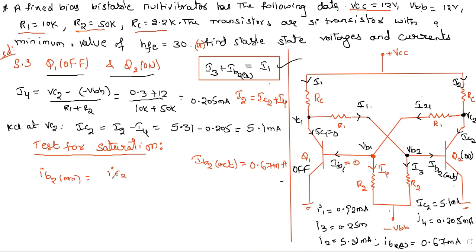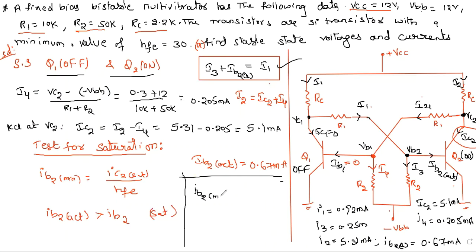That minimum required current, IB2 minimum, is IC2 saturation current divided by HFE. IC2 saturation is the current flowing through this branch. When IB2 actual is greater than IB2 minimum, then I can say that the device is in saturation. So we shall calculate this.